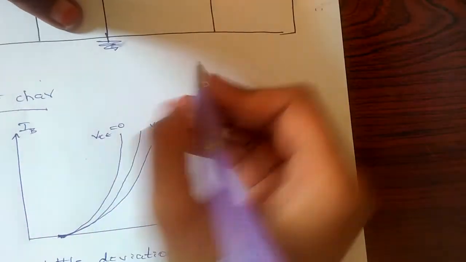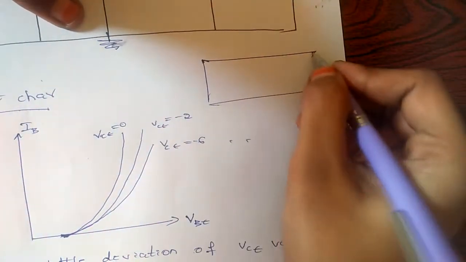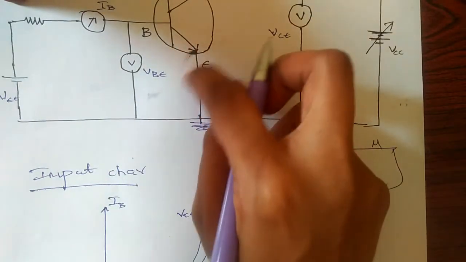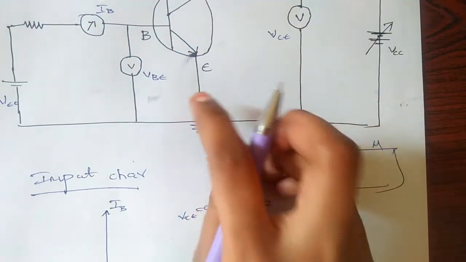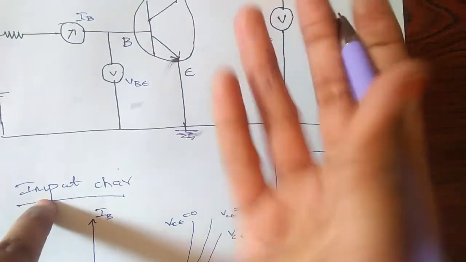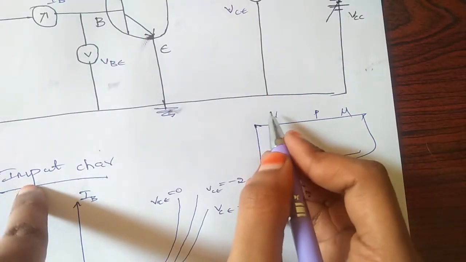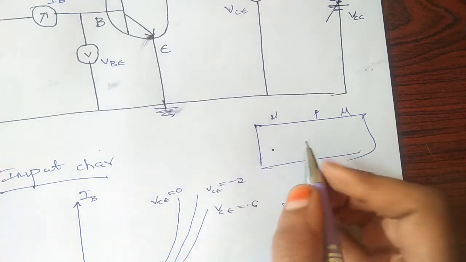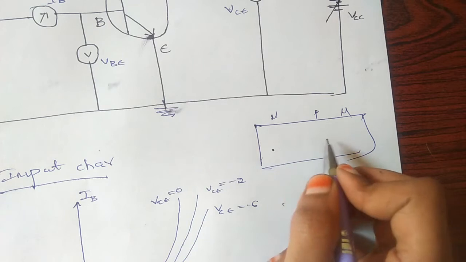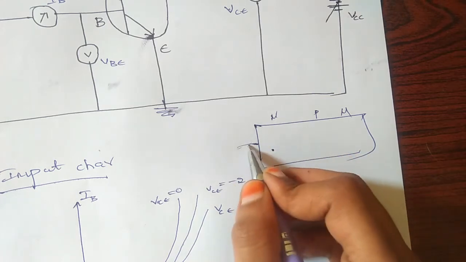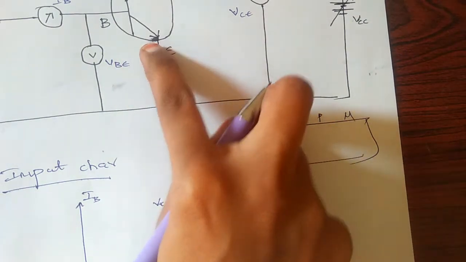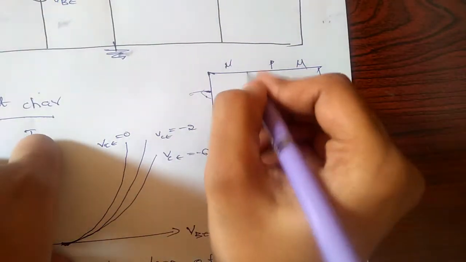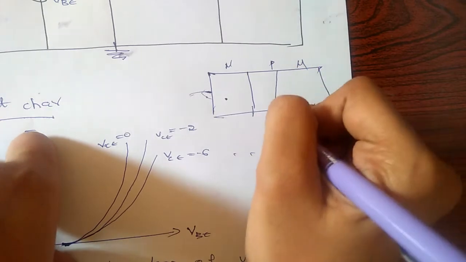Why so? Here we take an NPN transistor, where the emitter terminal is pointing outwards, because in this region we have electrons as majority charge carriers, so they move in this direction. So we have emitter, base and collector.